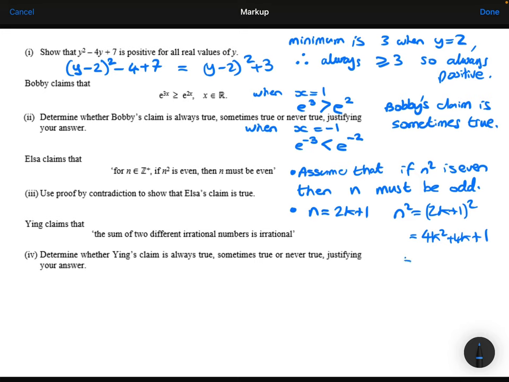Now this is an odd number because I could write it as 2 times 2k squared plus 2k, plus 1. This is odd, which is a contradiction because we started off by saying that n squared is even.